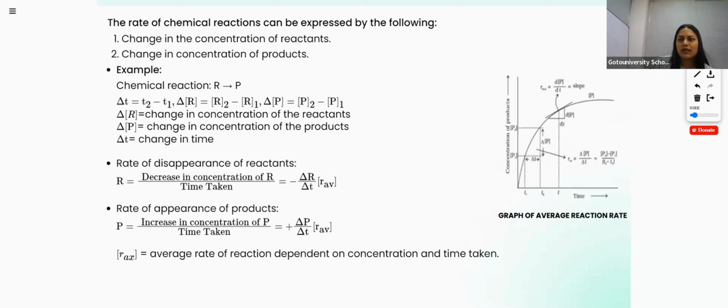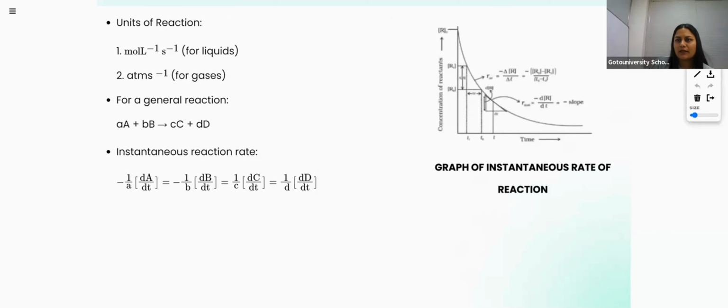Now if we look at the reactant side, as the reactant starts getting consumed to form product, its concentration decreases gradually. It is shown here in the graph.